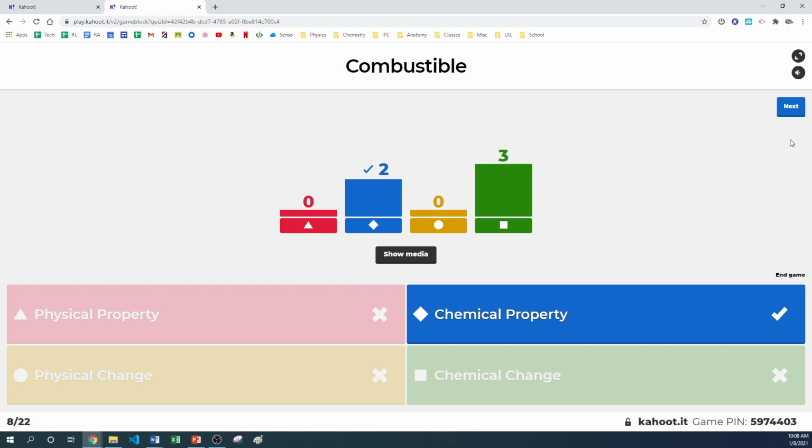Combustible and flammability are very similar concepts. The type of engine in your vehicle is a combustion engine. It reacts oxygen with fuel. It pumps in air and gasoline at the same time. The oxygen and the gasoline react with each other and release energy in the form of heat and light.